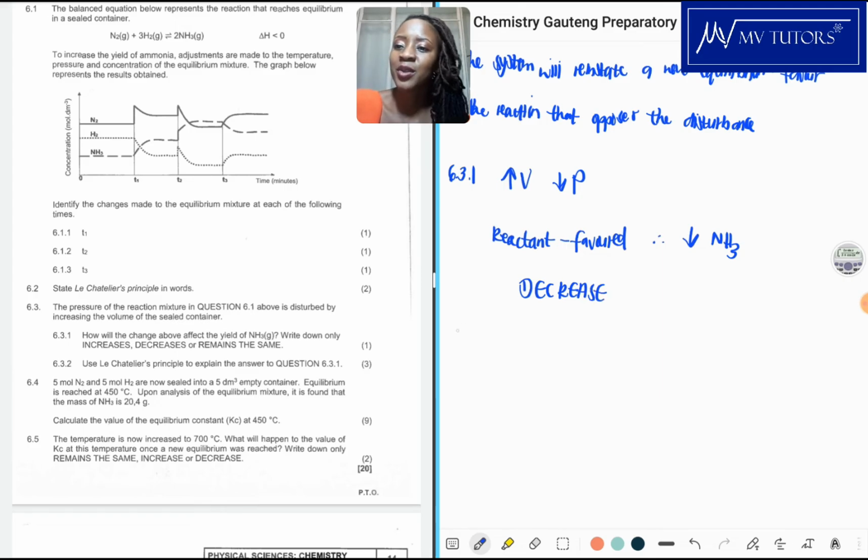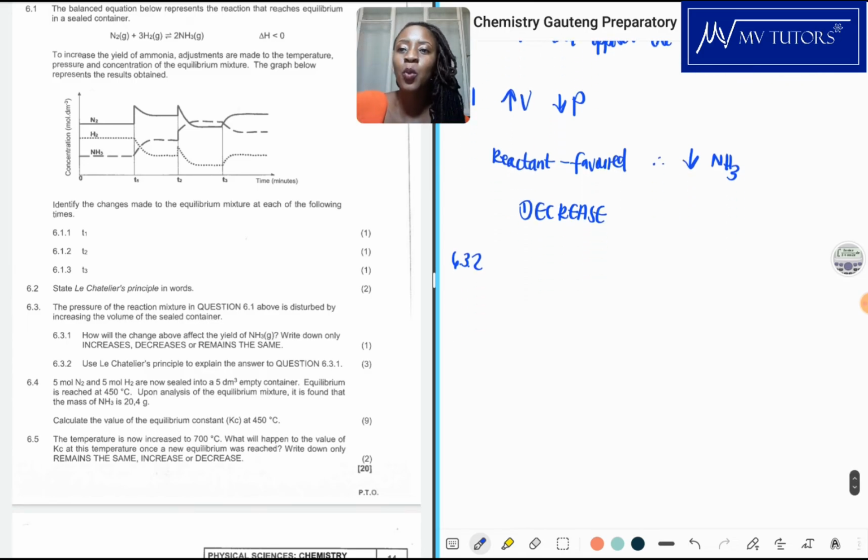And then 6.3.2 says we must explain. Use Le Chatelier's principle to explain the answer in question 1. So we are going to say the moment you increase the volume, you will decrease pressure.